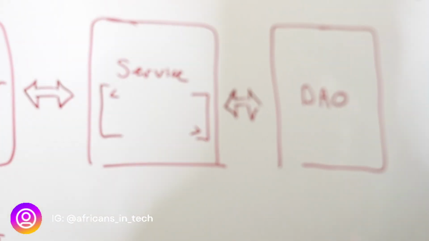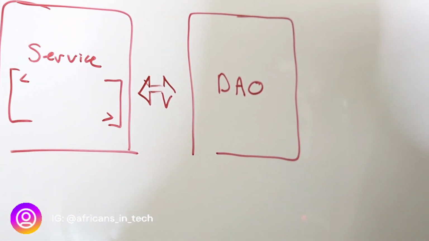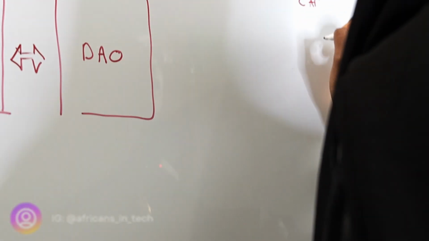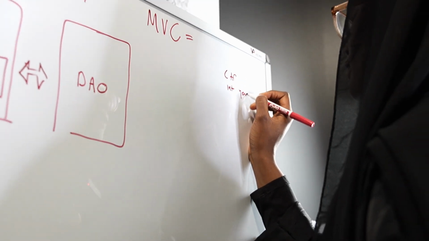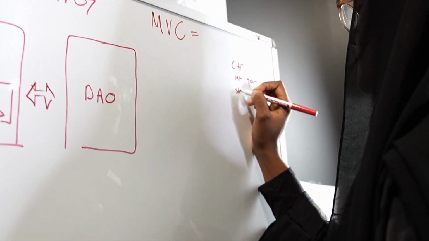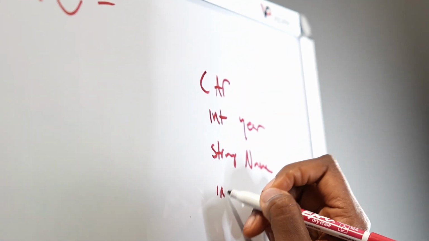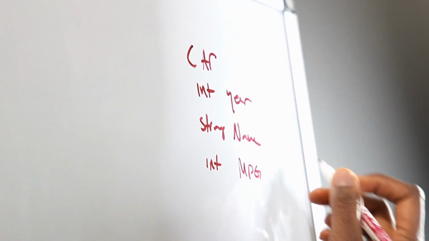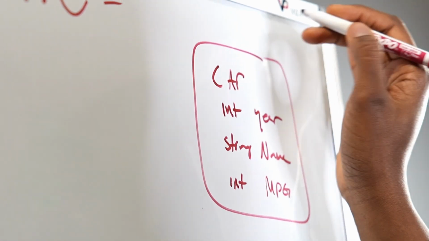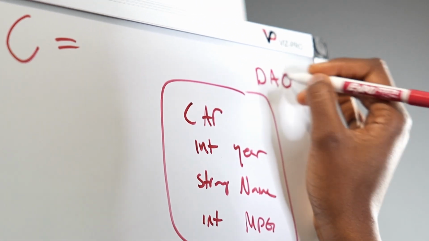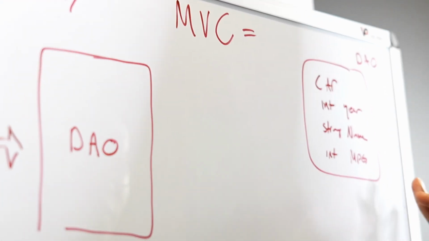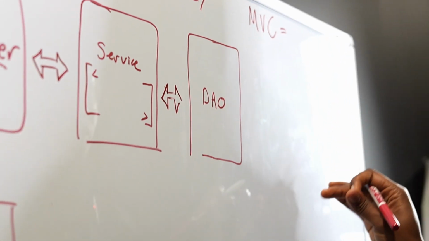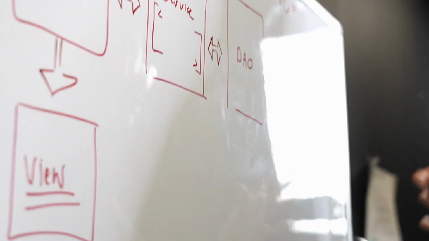For example, you can have a data access object that is a car, and the car will have things like an int for year, a string for name of the car, and an int for MPG. This is an example DAO or DTO, data transfer object or data access object, where you can access the information of this object without directly manipulating the structure of that object.